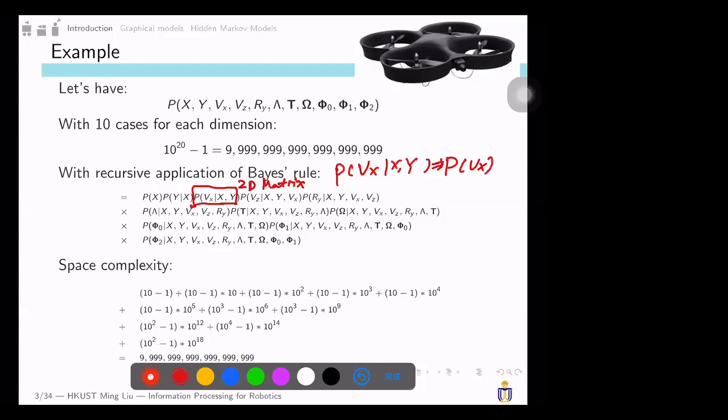If you take this assumption, that means we can remove the dependency on x, y. Then this P(Vx) is what? Now it becomes one-dimensional. It's only an R. It's not saved in the 2D matrix, right? Because we don't have these conditions. Previously it's a 2D matrix. Now you only need a real number. One real number will deal with that.